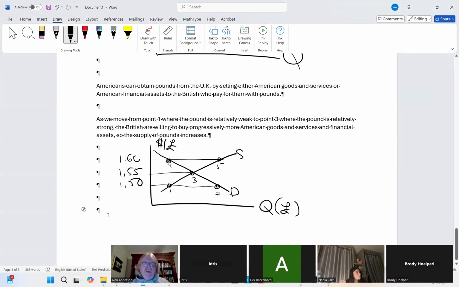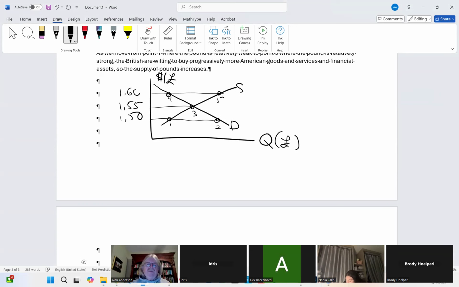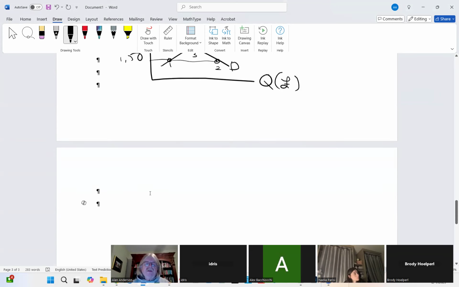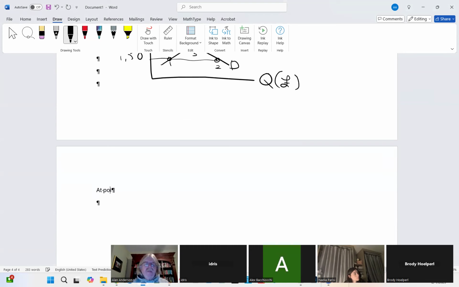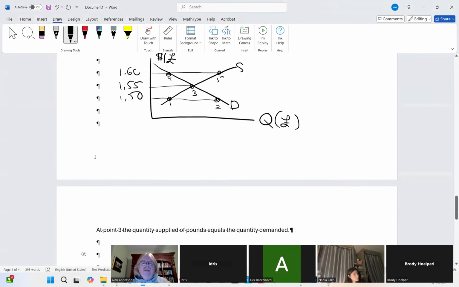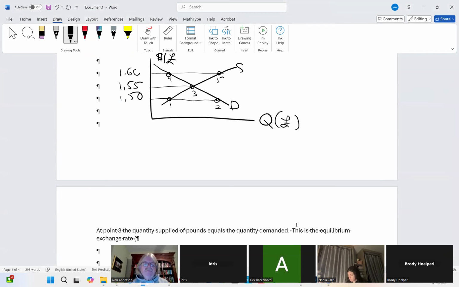All right, so it's at point three where we have our equilibrium, because that's the only place where the quantity supplied equals the quantity demanded. This is the equilibrium exchange rate. In other words, $1.55 per pound.